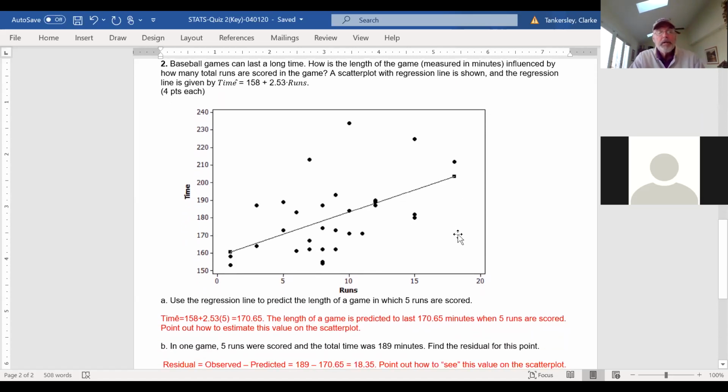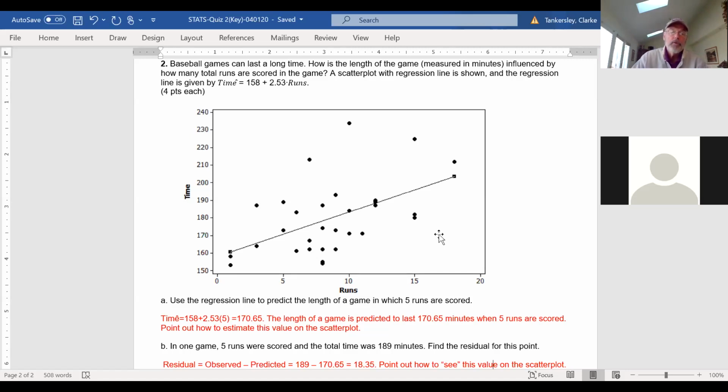So a pretty interesting little distribution of values, but we're going to use these along the way. So first we want to use the equation to predict what the time length will be if there were 5 runs scored.